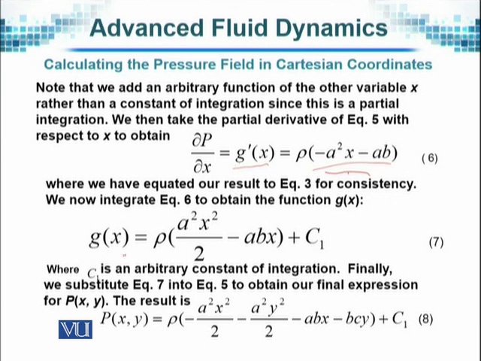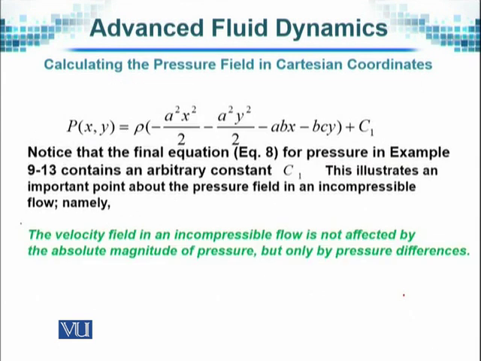So g of x will be equal to this quantity, and if I put it in the value of p, then the pressure field will be p of xy equal to all this quantity, where c1 is some absolute constant.